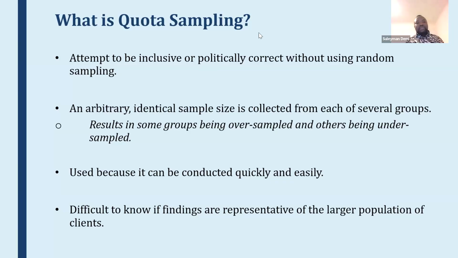Normally, it is done using the population ratio, so that those that are 400 will be lesser than those that are 600 because of the different population size, so that at least your sample will be representative, right? Any question? Okay. It is difficult to know if findings are representative of the larger client population.